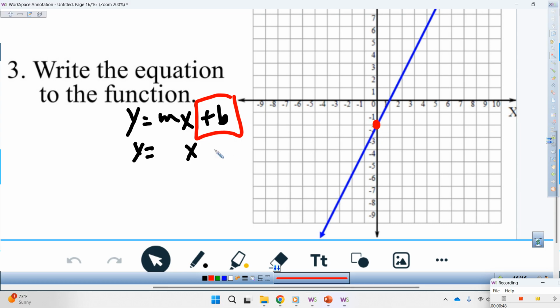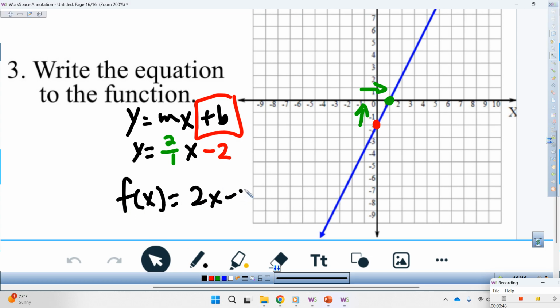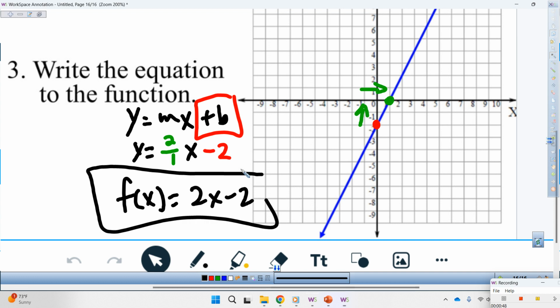It starts about right there. It's negative 2. And if I need another point, I'll place it here. What is my rise over run, or my rate of change? 2 steps up, 1 to the right, so that is 2 over 1. So my function is f of x equals 2x minus 2.